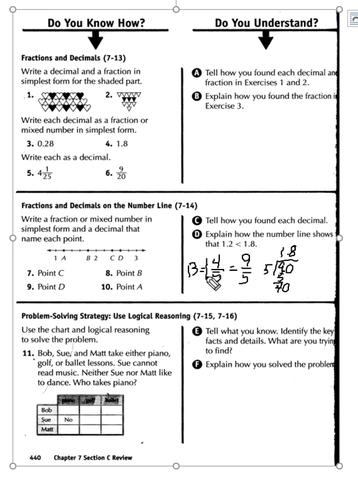So we have 3 definitions for point B. 1 and 4/5 is the mixed number, 9/5 is the improper fraction, and 1.8 is the decimal. So now you can go on and do the rest of the problems between 1 and 10. Good luck.